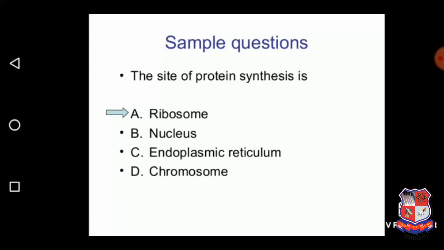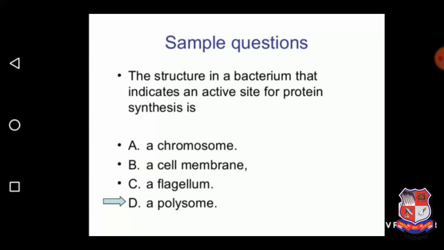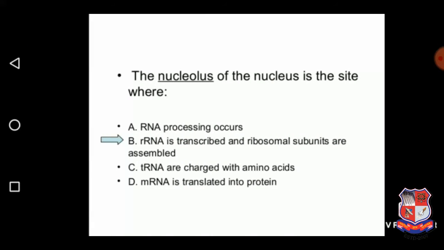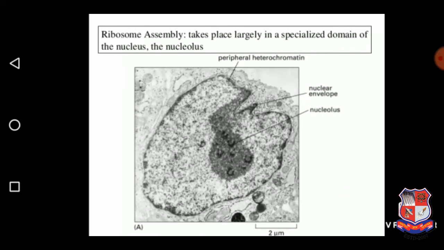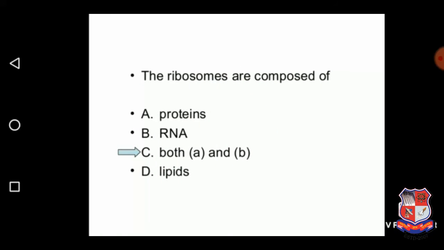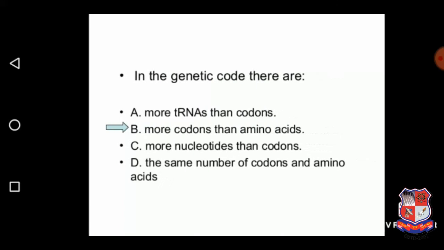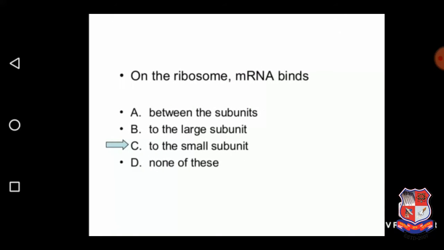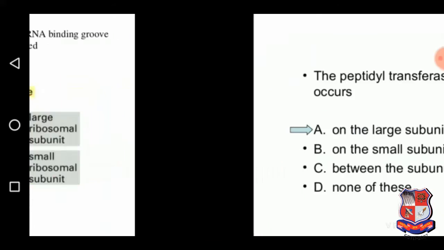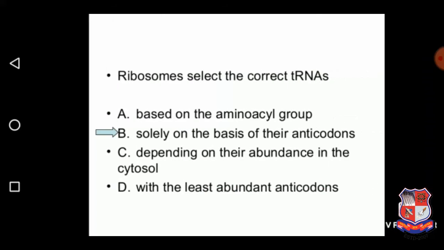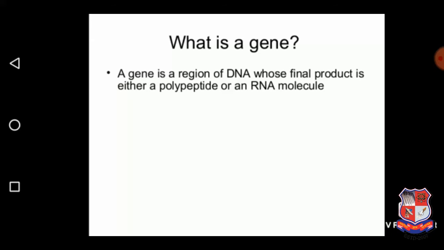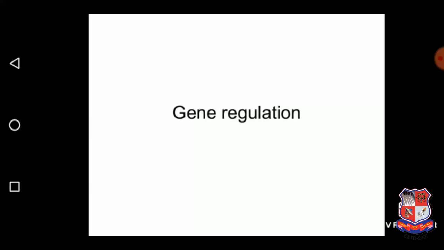Translation. Translation is important for protein synthesis. This is a ribosome assembly, how it looks. What is a gene? Gene regulation.